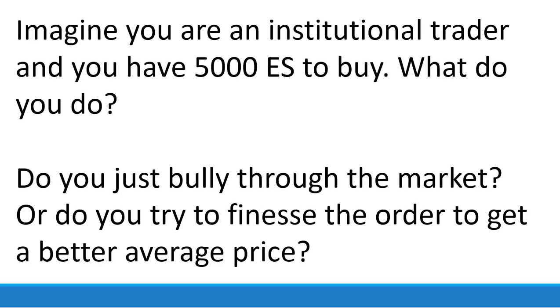If the guy can see, hey, I could buy most of my order up to 2022 and only move it a point, he knows that his average price is going to be somewhere around 21.65 for most of the position. He'll do it because he's not really impacting the market that much.